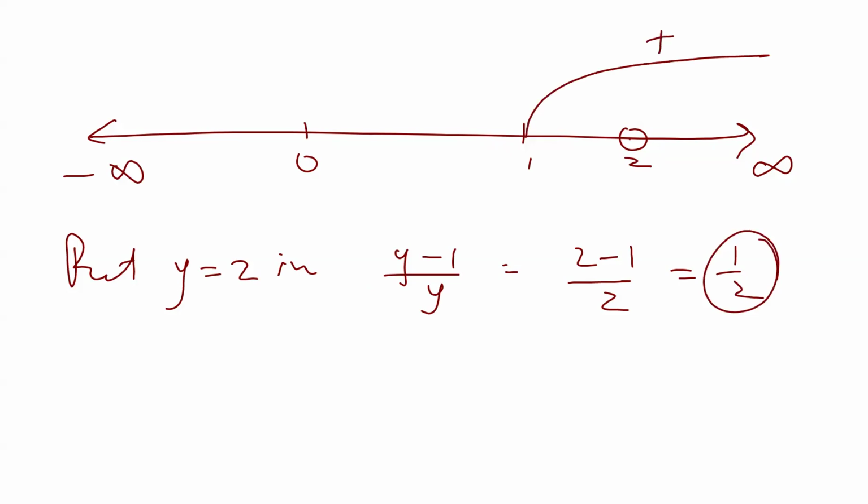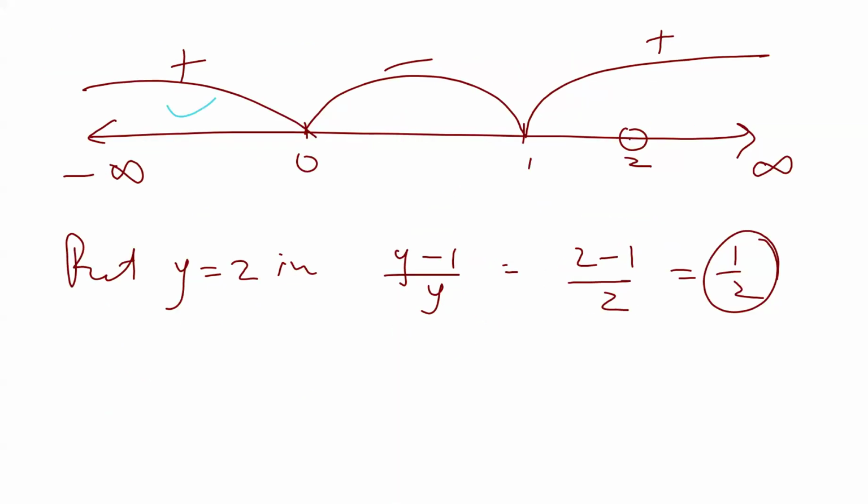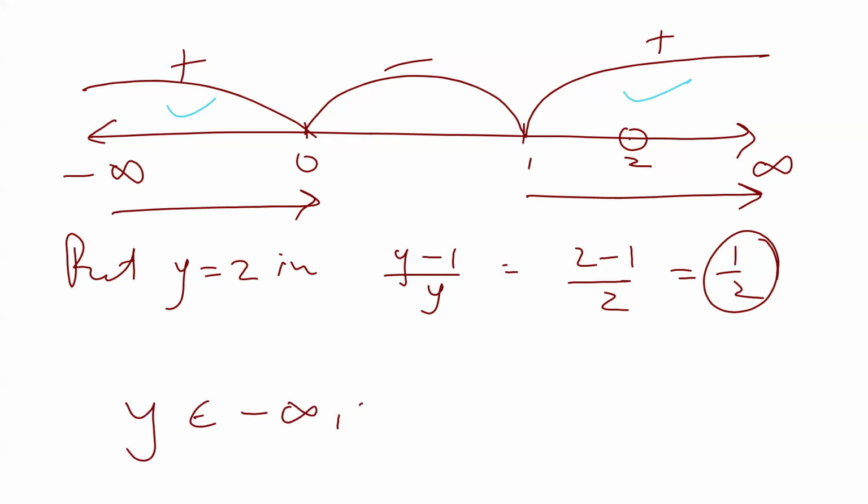It's positive, so this is negative and this is also positive. Now the inequality says it is greater than or equal to 0, so there are two regions over here. So y belongs to minus infinity to 0 union 1 to infinity.